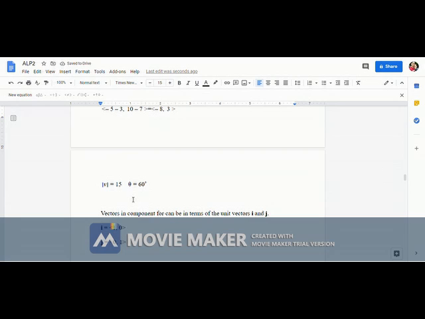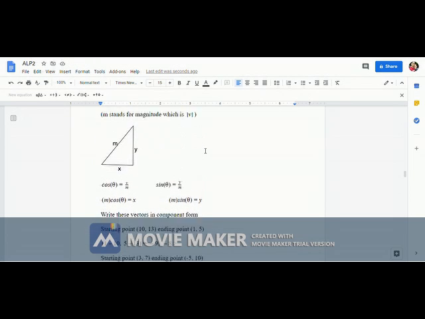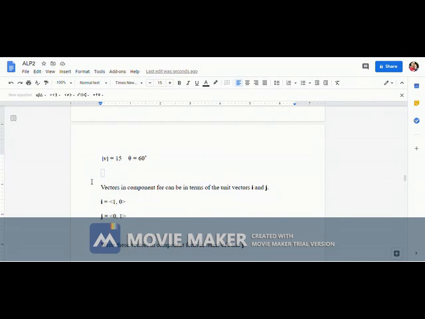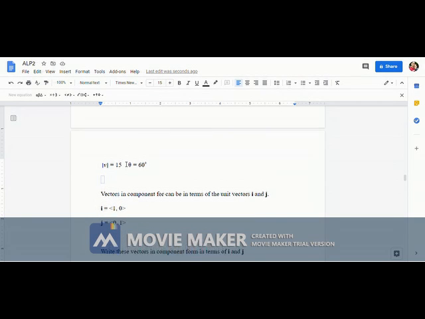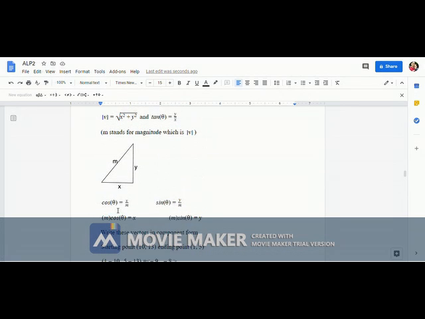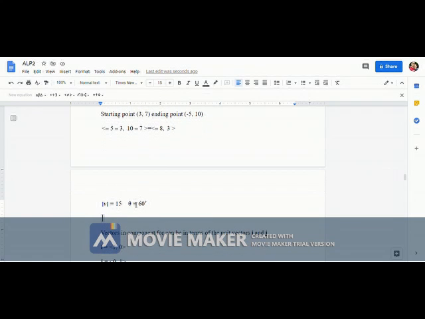Now in this last one, it's not quite as simple, but still pretty simple. So remember how we found this identity here to be able to get the x and the y of this line right here? Well, m and this v here are the same. And the theta, well, that's going to equal 60.